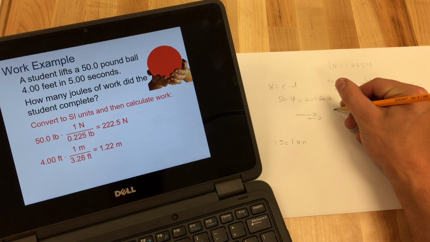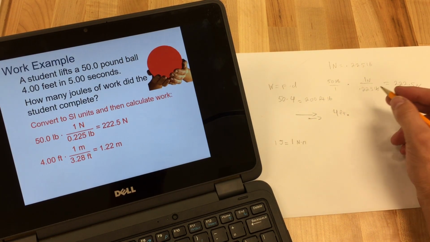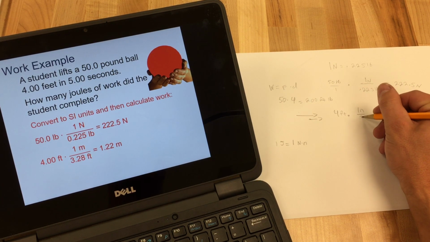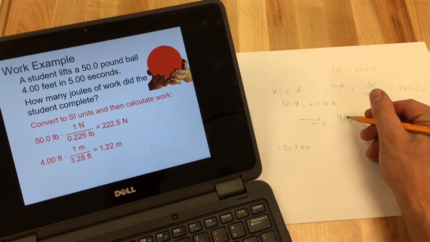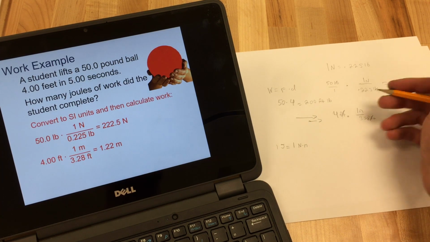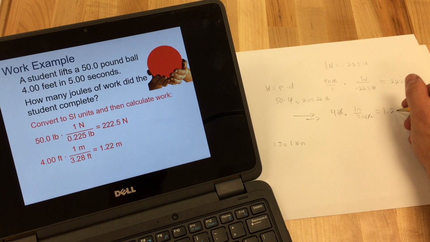Okay. We also have to convert our feet into meters because we're using metric. Okay. So we have 4 feet multiplied by, and once again, this formula is on your formula sheet, 1 meter over 3.28 feet. All right, the feet cancel out. 4 times 1 over 3.28, and you get 1.22 meters.